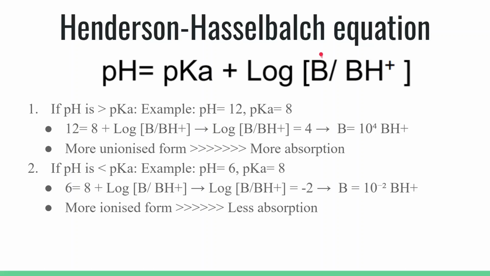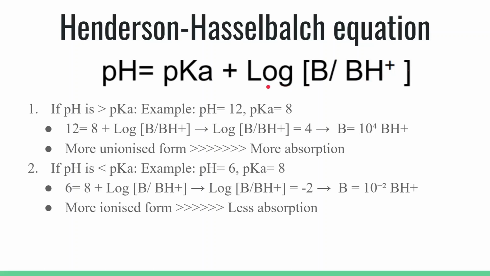Whereas, if I drop a local anesthetic into a tissue medium and it has a very high proportion of the ionized form, or the cation, it's going to have a very long onset of action. So I use this equation to calculate the proportion of the uncharged base to the cation so that I will understand the extent to which it is going to be absorbed and therefore the onset of action.